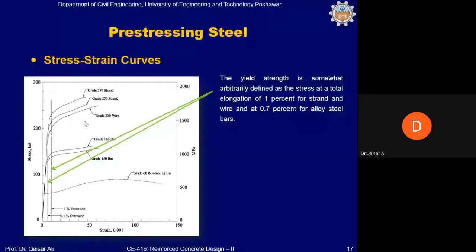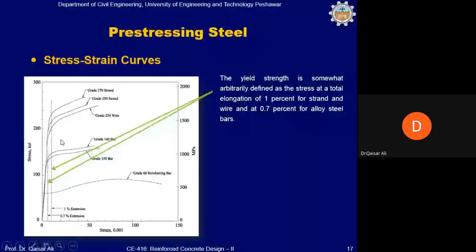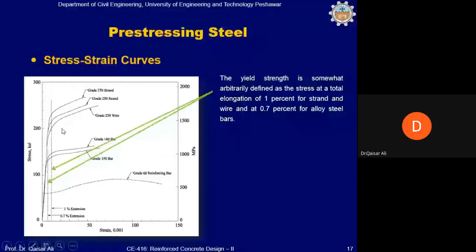The ASTM procedure is that once the stress strain curve is drawn for a particular steel, a line parallel to the y-axis at 1% strain is drawn, and wherever it meets the stress strain curve of that steel is taken as the yield strength. For wires and cables it is 1%, and for alloy steel bars it is 0.7%.